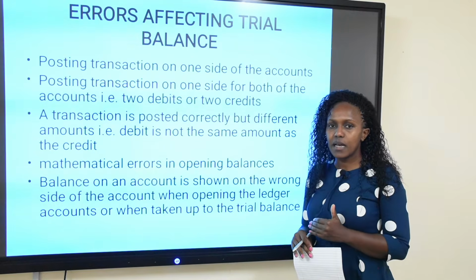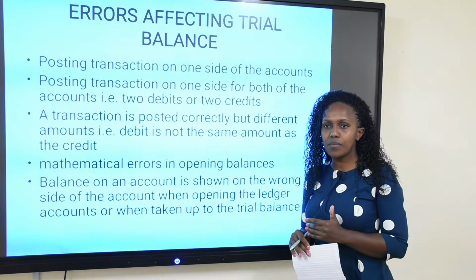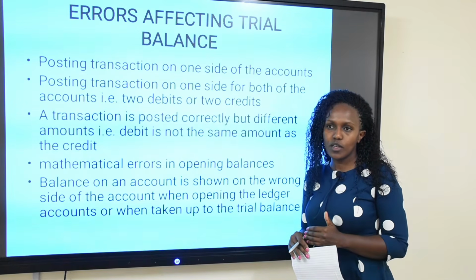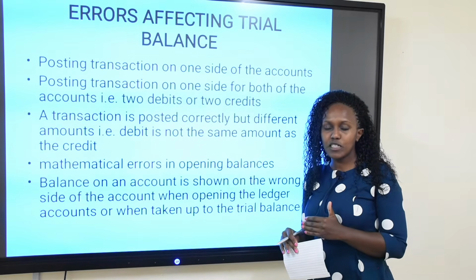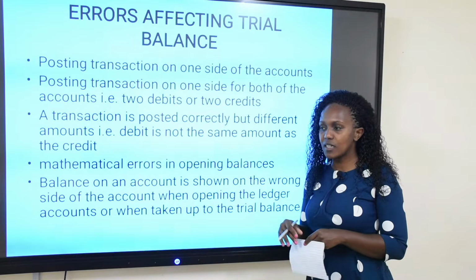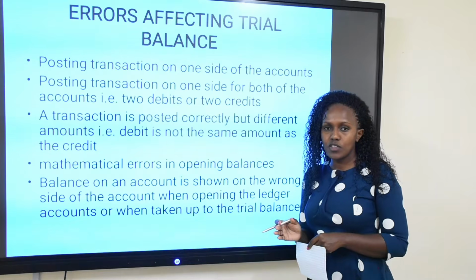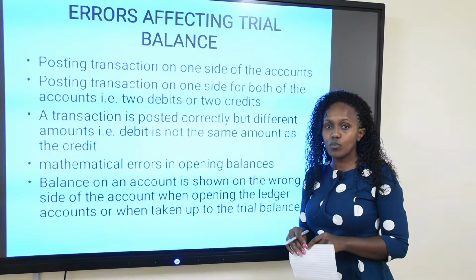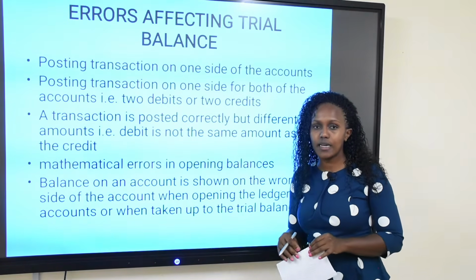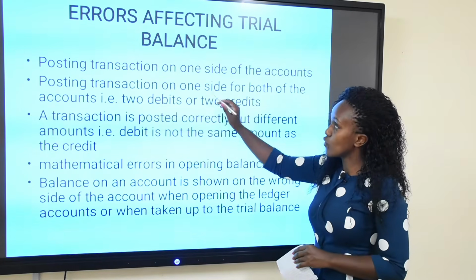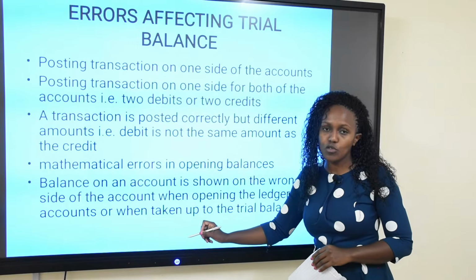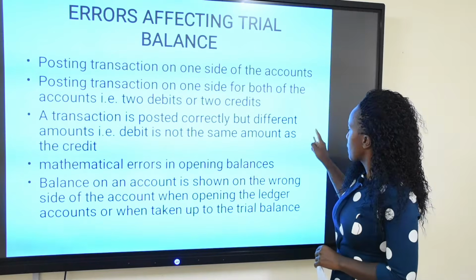So on the side with a lesser amount, we are going to introduce something we call a suspense account. The balance, which represents the difference between the debit and the credit of the trial balance, is going to be posted to an account that we call a suspense account. So to correct these errors, we need to open a suspense account.